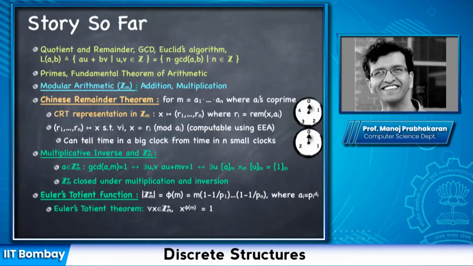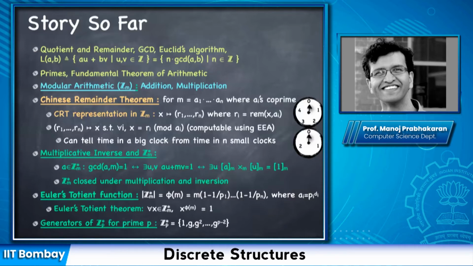And Euler's totient theorem is a very useful tool, as we'll see, to understand how modular exponentiation works. In particular, it says that for any element x in Zm star, if you raise it to phi of m, then you get 1 in Zm star, right?